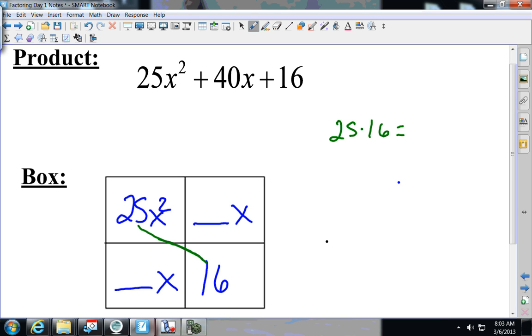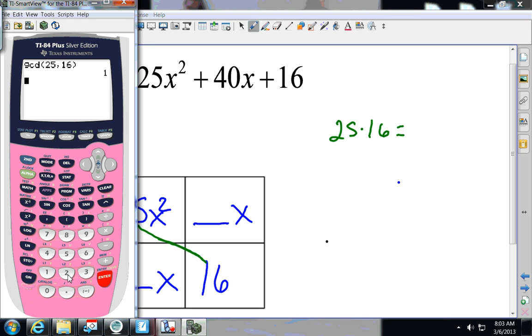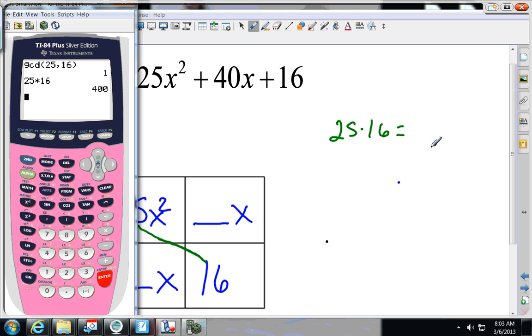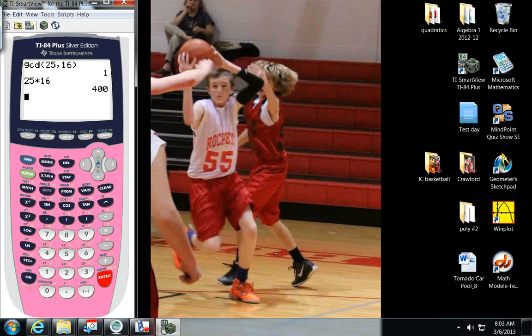Even I don't know that off the top of my head, so I'll come down here. 25 times 16, 400, right? So I need the factors of 400.